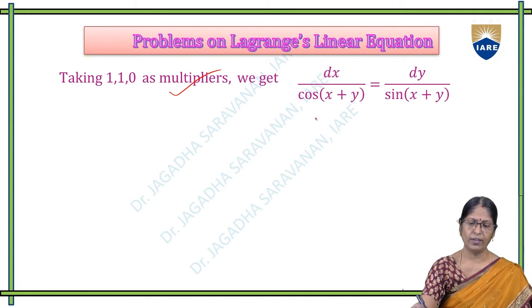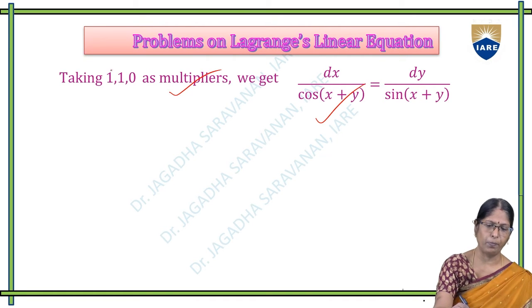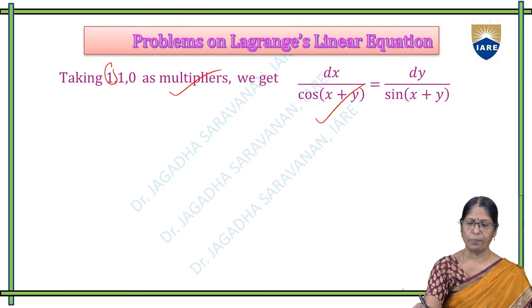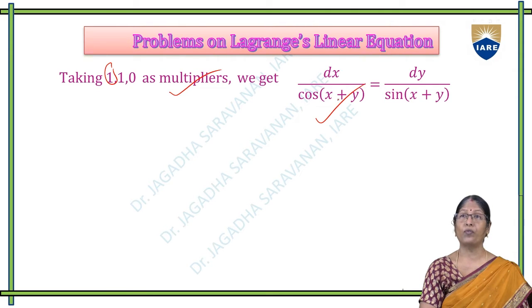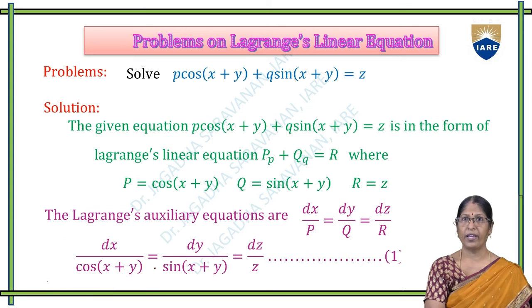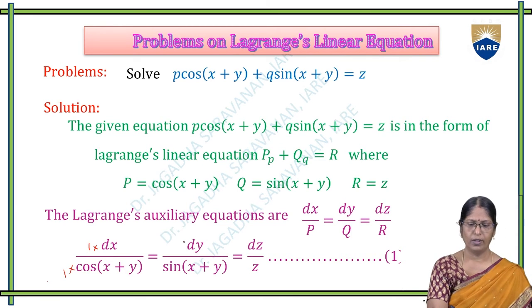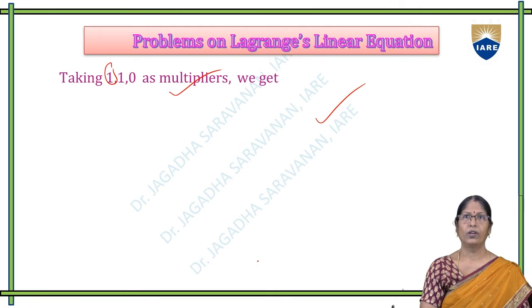The first one, up and down, is multiplied by 1, the second multiplied by 1, and the third by 0. In such a way we have to do the multipliers.